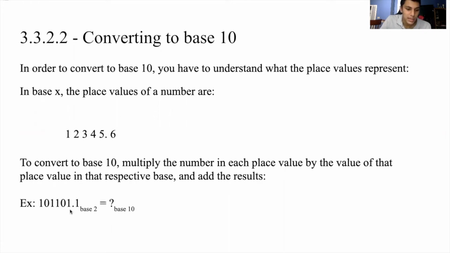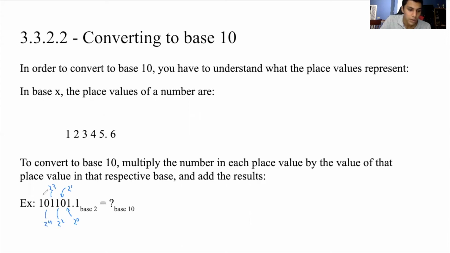So what do these place values represent? Well, let's see. Here I have the 2 to the power of 0's place. Because remember, in base x, this is the x to the power of 0's place, or the 2 to the power of 0's place in base 2. This next place value is the 2 to the power of 1's place. This one's the 2 to the power of 2's place, 2 to the power of 3, 4, and then 5's place, right?